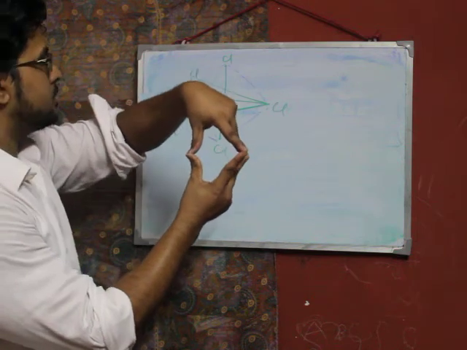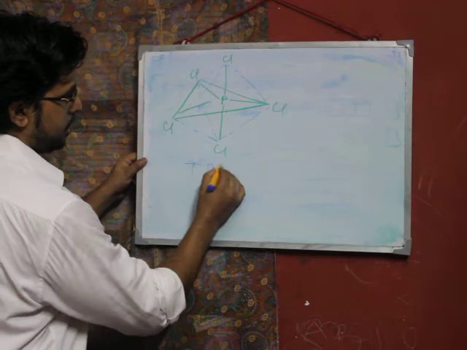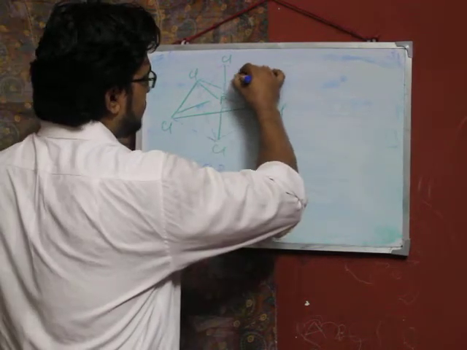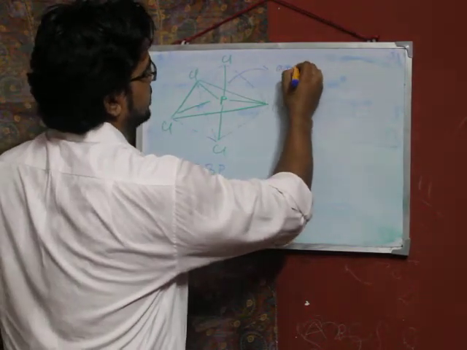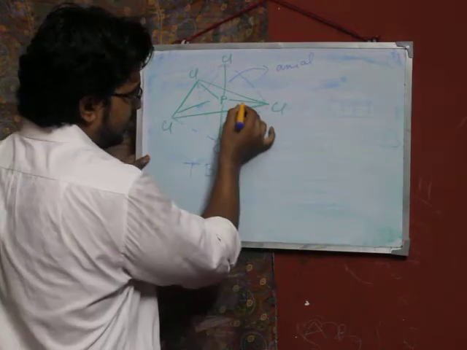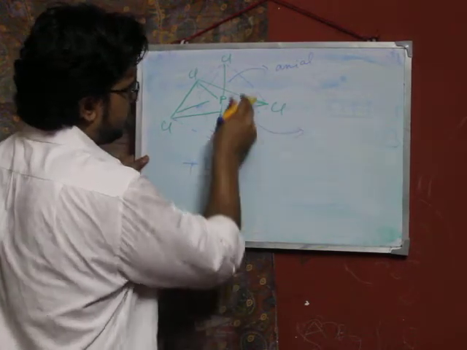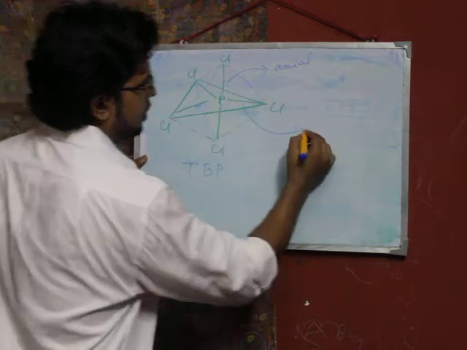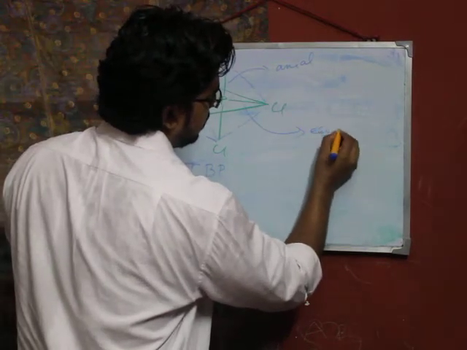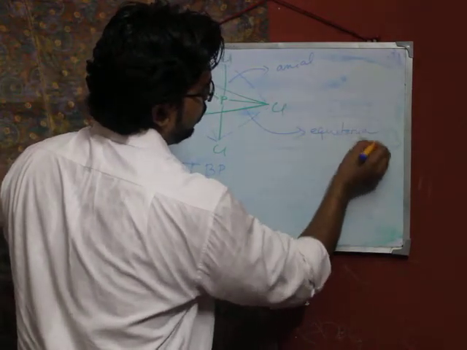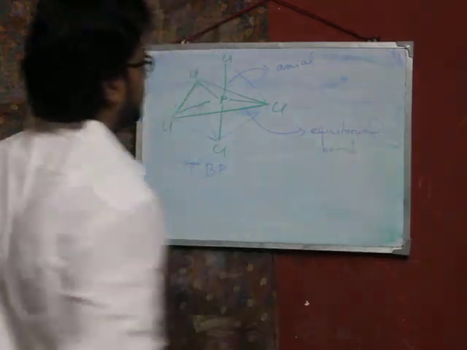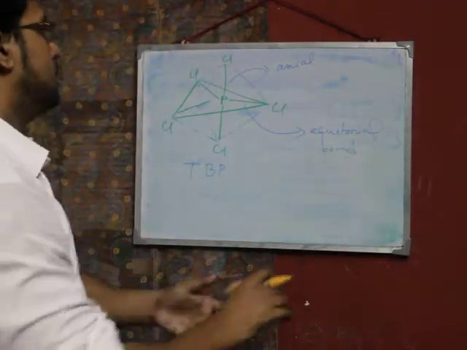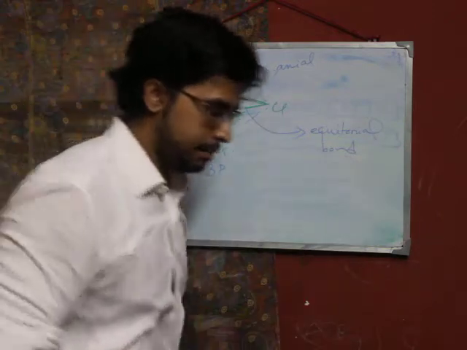That's why this is known as trigonal bipyramid, TBP structure. This bond is known as the axial bond, and the base bond is known as the equatorial bond, right? Okay, this is sp3d hybrid orbital.